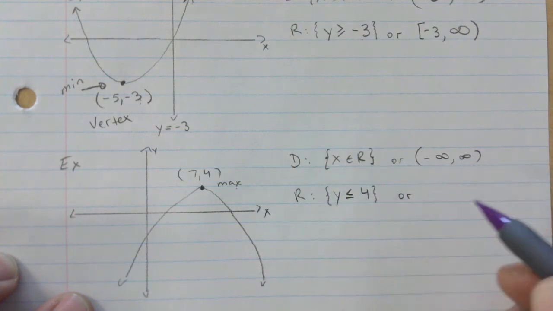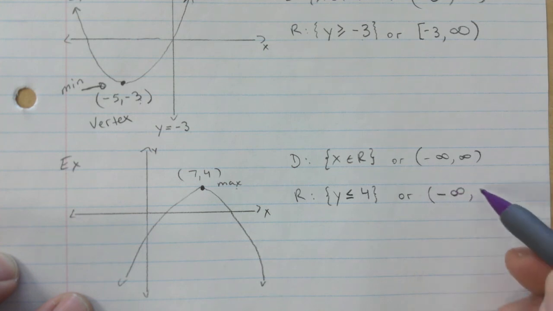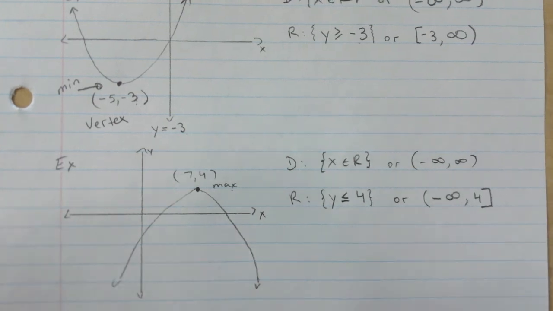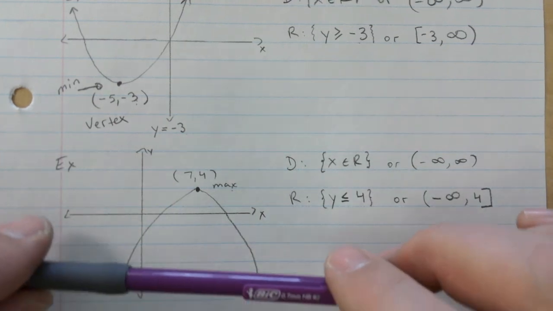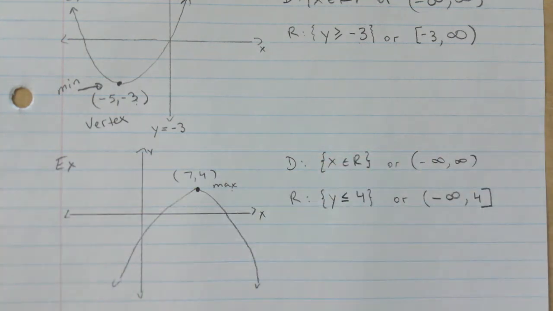Or it comes from negative infinity and stops at 4, including, okay? So always from the bottom up, right? It stops at 4 for the y value.